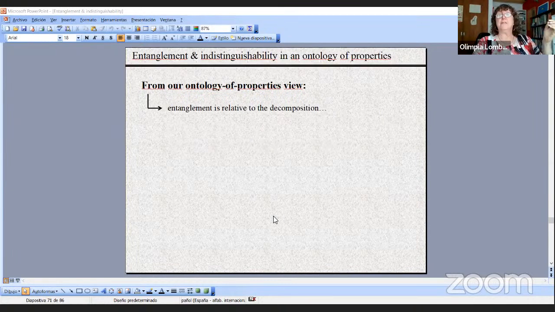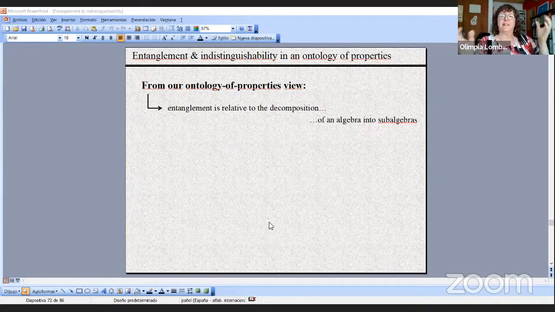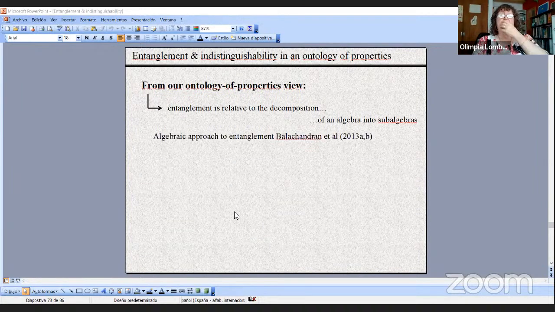Entanglement is relative to the decomposition. Which decomposition? The composition of a system, but the system now is represented by an algebra of observables. So entanglement is relative to the decomposition of an algebra into some algebras of observables. And this kind of algebraic approach to entanglement is present in the physical literature. For instance, there are two papers by Balachandran and collaborators, but since then it was presented in other papers.